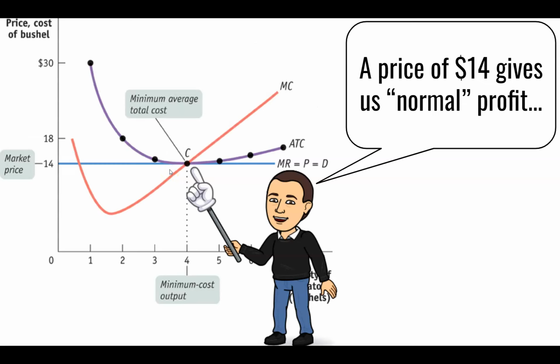So in this case, on this graph, we can see that at the market price of $14, the marginal revenue is equal to the price, and that intersects the marginal cost curve at a quantity of 4, and it also intersects with the average total cost, which means that price and average total cost are the same. So therefore, in this graph, there is no profit. We have what's known as normal profit. We are no better off in this industry than if we were in another industry.